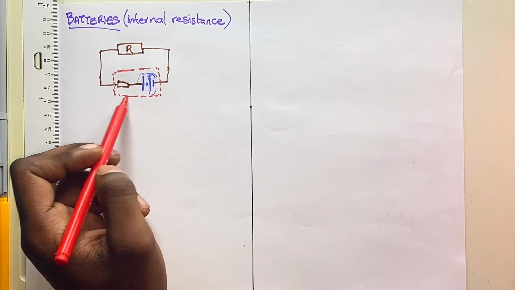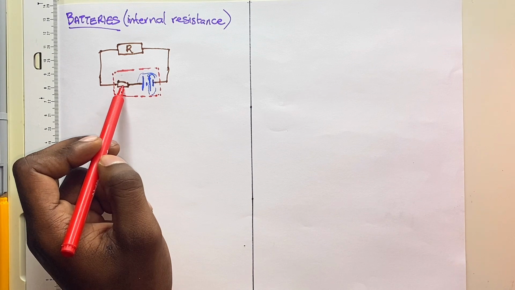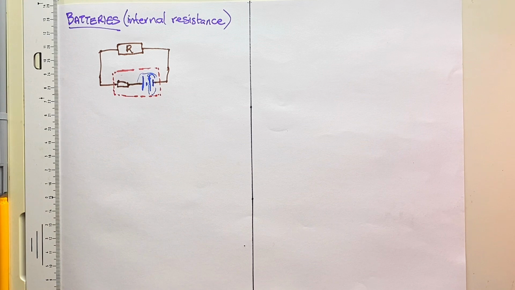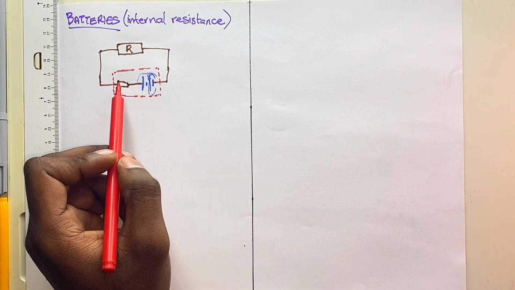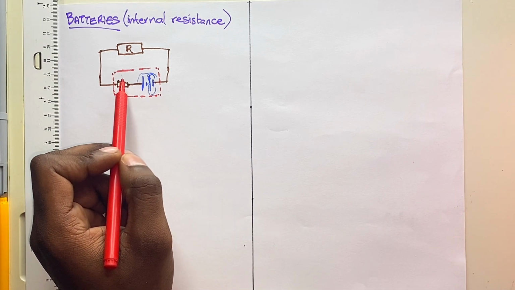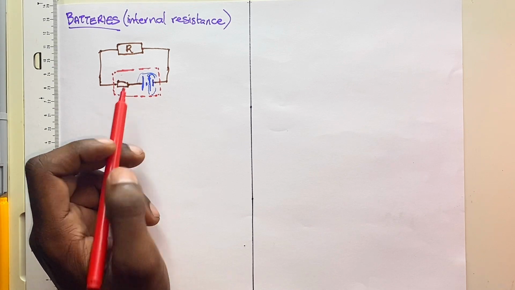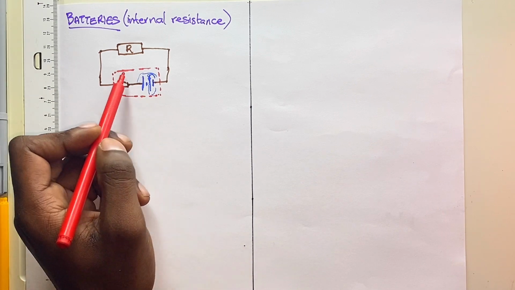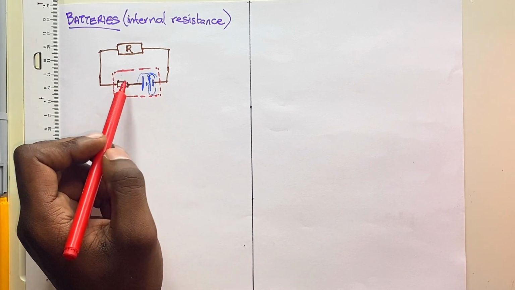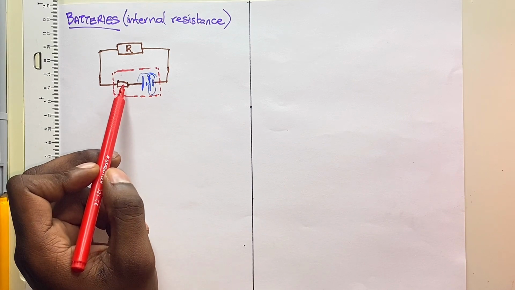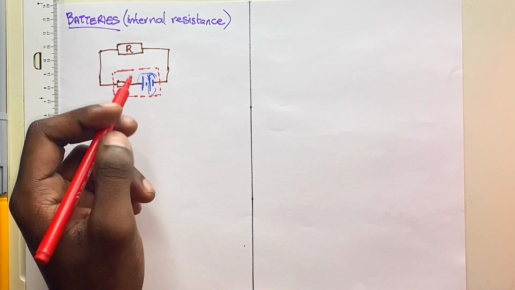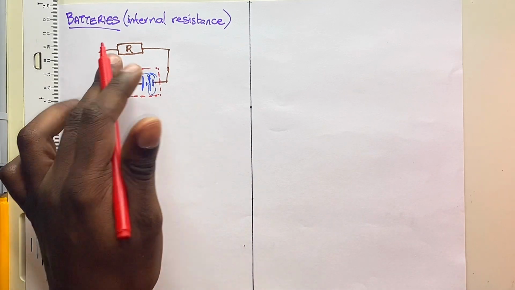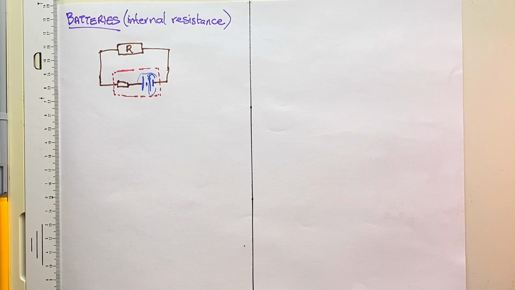Inside the cell itself, this internal resistance will reduce the flow of the electrons. Because it limits how quickly electrons move, it will create a voltage drop within the battery itself when current flows. So if the entire battery was supposed to give us 10 volts, because of this internal resistance, there will be a voltage drop and it will give us maybe 8 or 7, depending on the calculations that we will discuss as we move through the module.